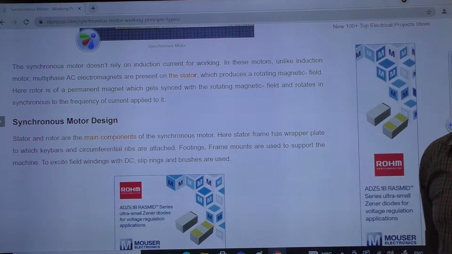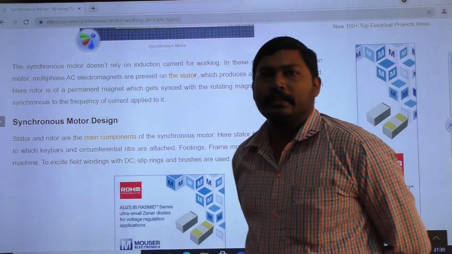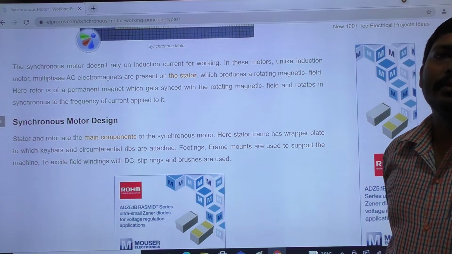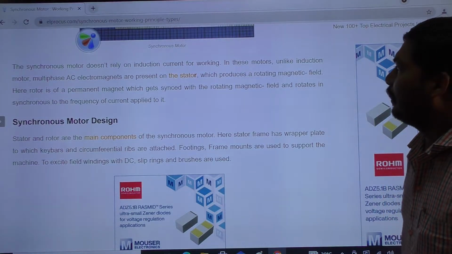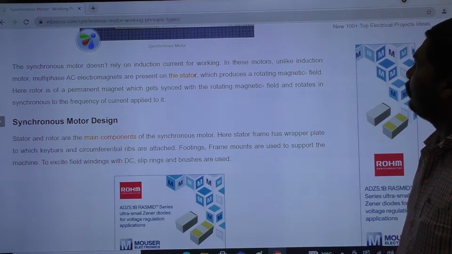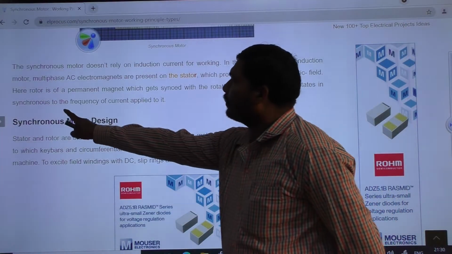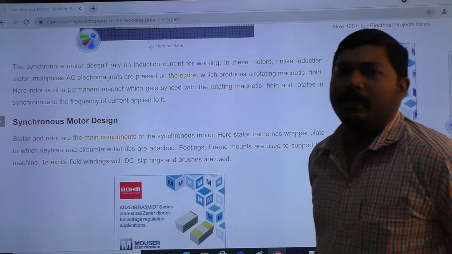Because we have applied a DC source. If we had applied an AC source, then it would not have been a permanent magnet. So in this case, a permanent magnet is produced because the DC source has been applied, which gets synchronized with the rotating magnetic field and rotates in synchronism with the frequency of the current applied to it.